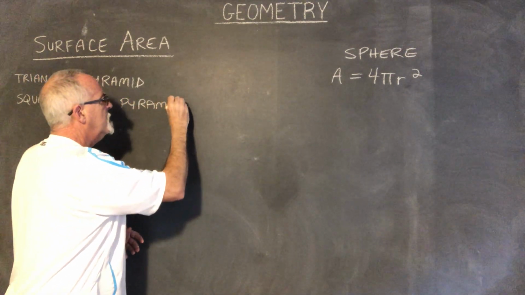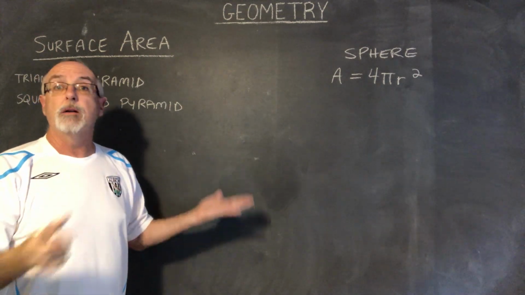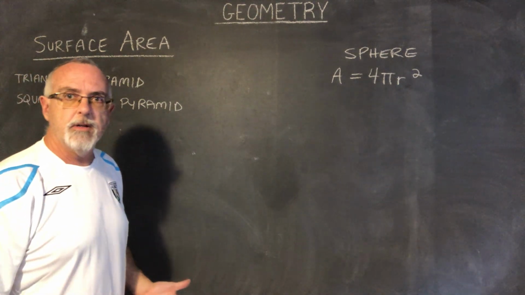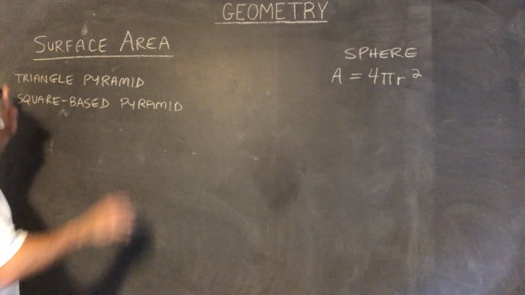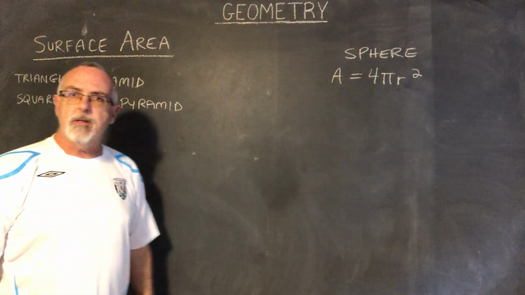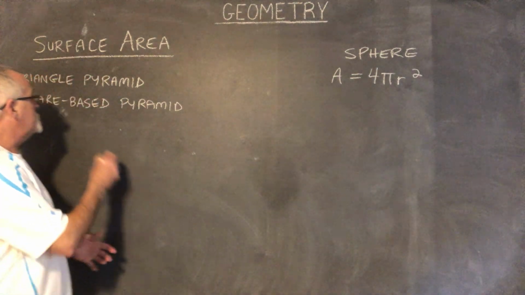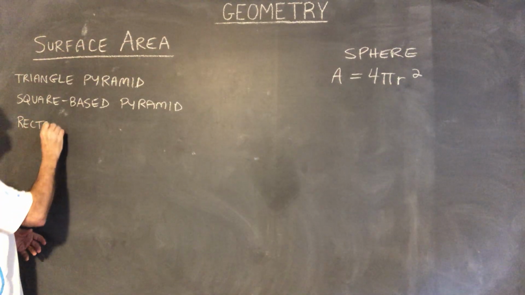And actually, after you go triangle, then you go square, then you go pentagon. You can have a pentagonal-based pyramid. You can have a whole lot of pyramids with different shapes as the base. That's kind of interesting, but I'm just going to mention the triangle pyramid and the square-based pyramid. And then there are the prisms. Prisms, now, we did already deal with the rectangular prism, so I guess I should list it. Rectangular prism.